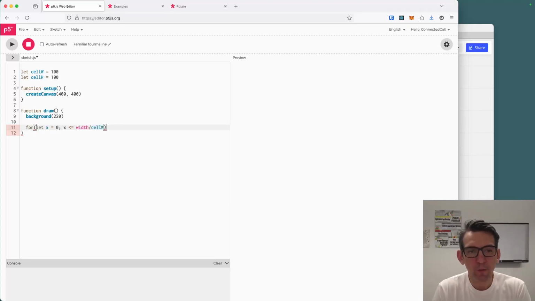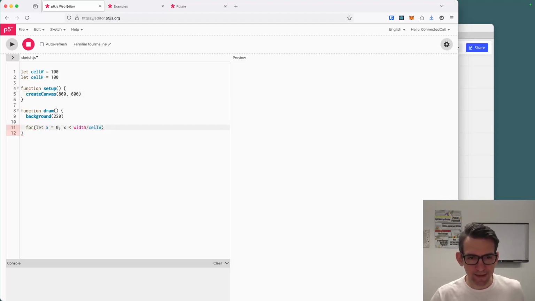right? So if our width is, let's make it a little larger. Let's make it 800 by 600, our more or less common size, right? So if our width is 800 divided by 100, it's going to be 8. So we're going to have 8 columns. And so I also want to draw a line at the end, so we're not making 7 because it's below 8, right? So that's why I'm adding less or equal to.